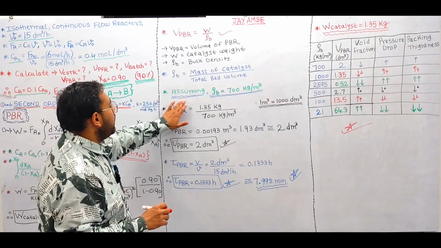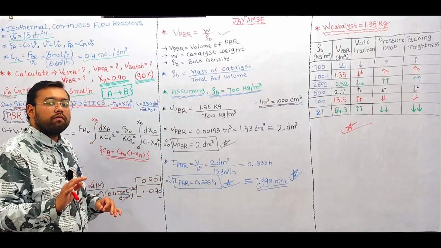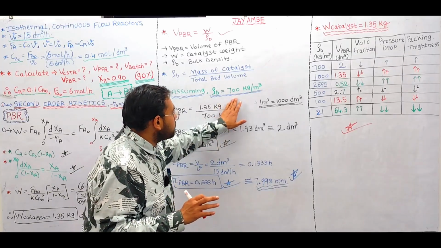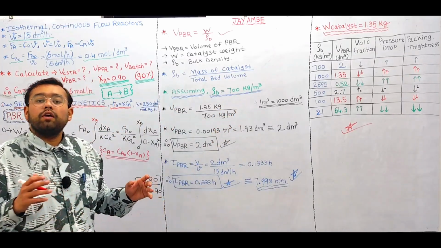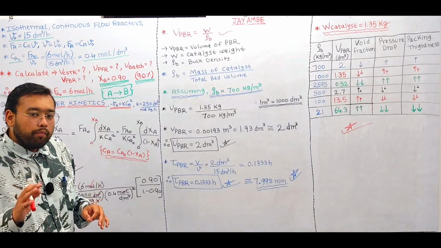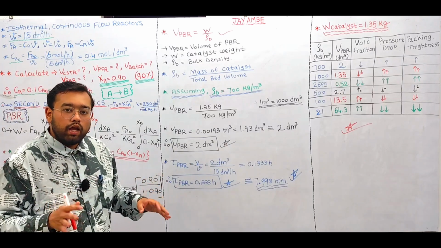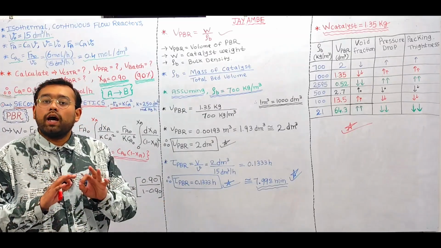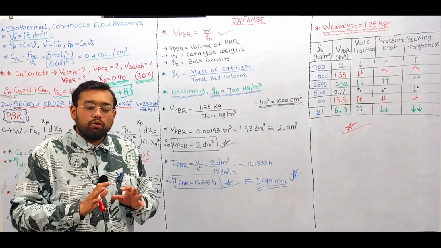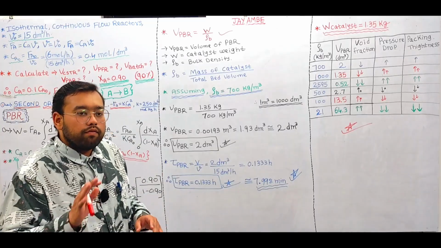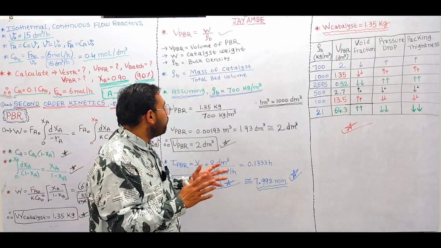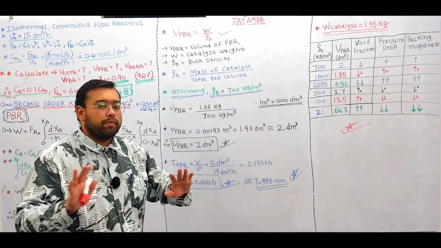So let's say here we are assuming the bulk density of the solid catalyst to be 700 kg per meter cube. Is it mandatory that the bulk density will always be 700 kg per meter cube? The answer is no. It is not mandatory that the bulk density of the catalyst bed will always be equal to 700 kg per meter cube.